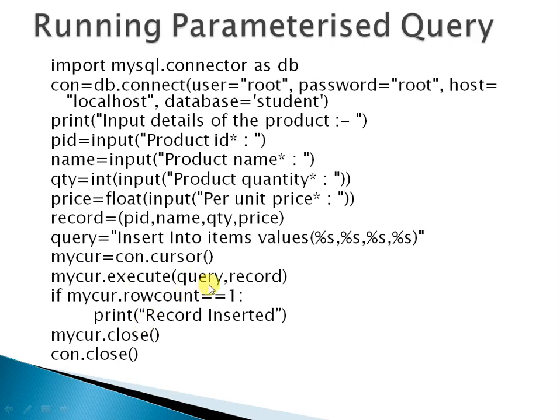Number 1 is the query statement and number 2 is the values that are to be used. Because we are using parameters, those parameters will be replaced by the values contained in the record, that is a tuple. After you execute this query, you will check if the affected row count, meaning the number of rows affected, is 1.